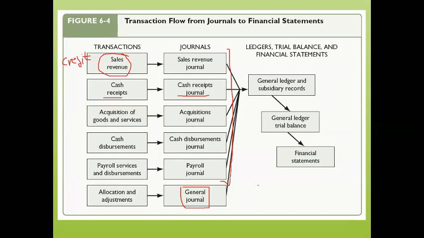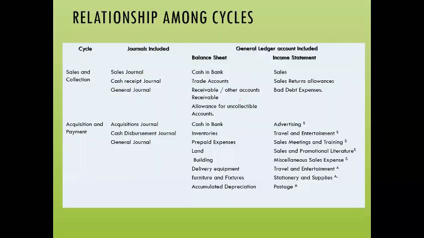We also talked about the closing entries, done at the end of the year to close the nominal accounts. All the transactions we cannot include in any of the other journals will be included here.